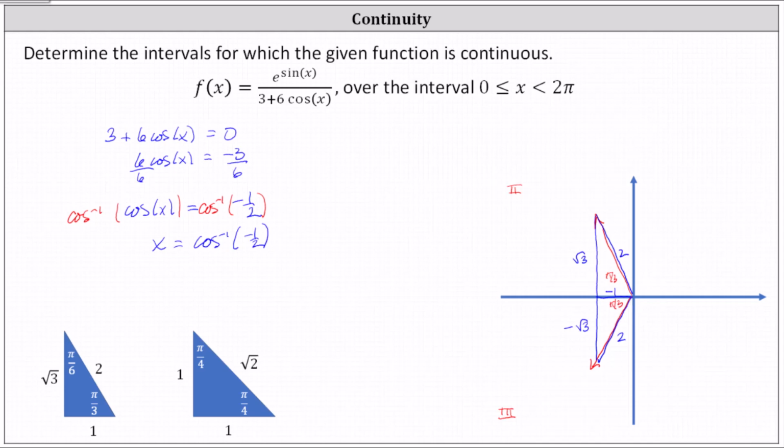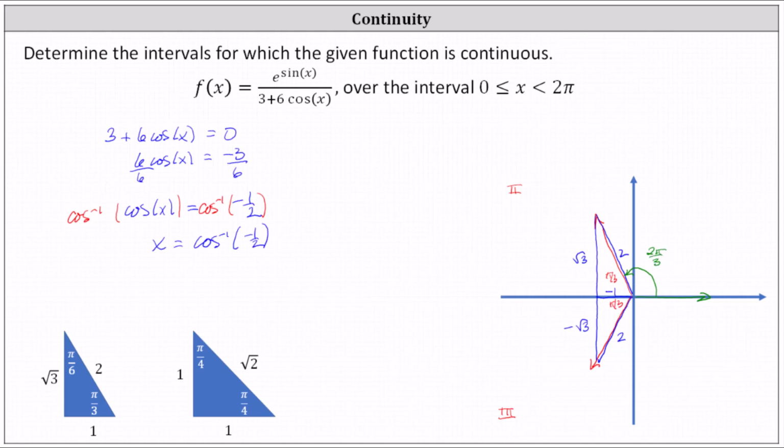And now to find the angles in the interval from 0 to 2 pi that have a cosine function value of -1/2, we start along the positive x-axis, rotate counterclockwise to the first angle in quadrant 2, which is here. This would be pi divided by 3 radians less than pi radians, or 3/3 pi radians minus 1/3 pi radians, which is equal to 2/3 pi radians, or 2 pi divided by 3 radians.